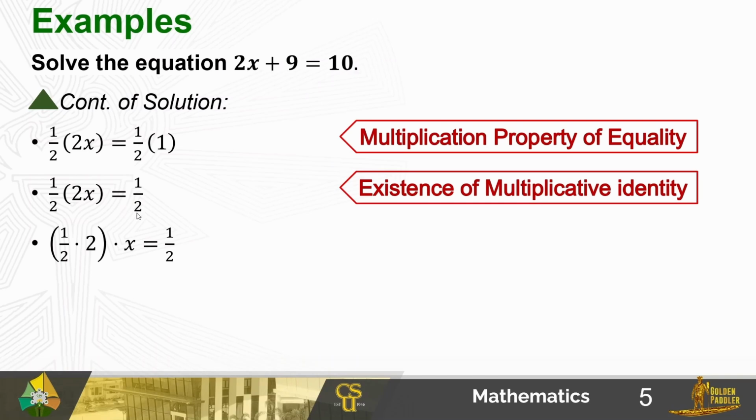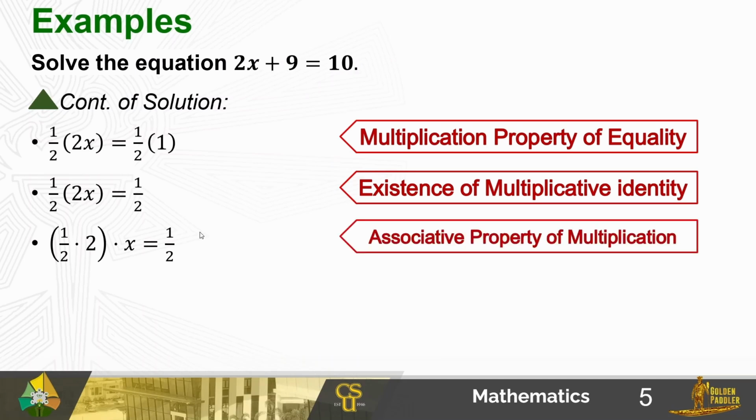Again, let us determine what field property or axiom of equality we used in order to have 1/2 times 2 times x is equal to 1/2. Okay, it is the associative property of multiplication.